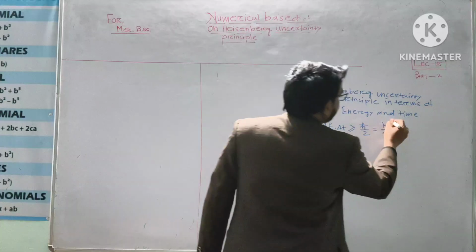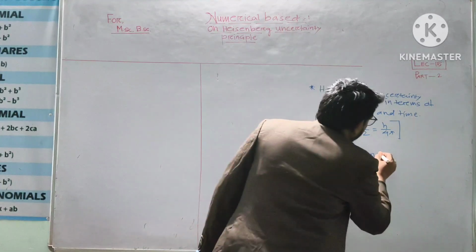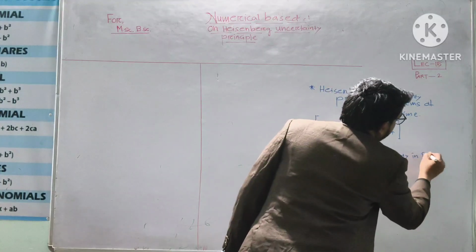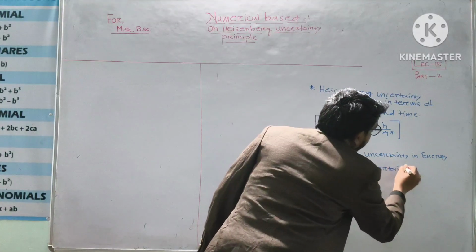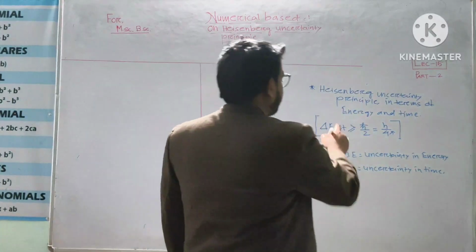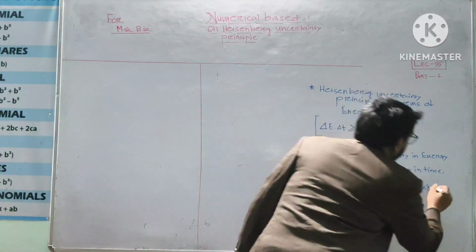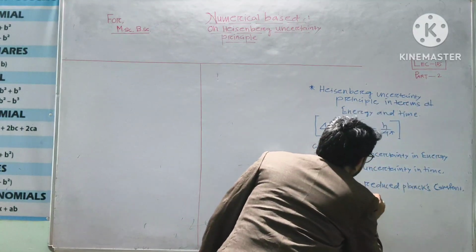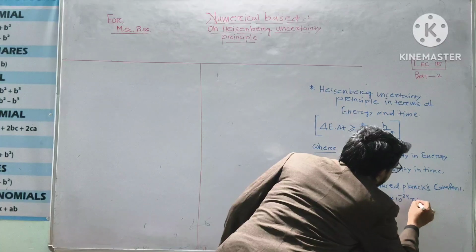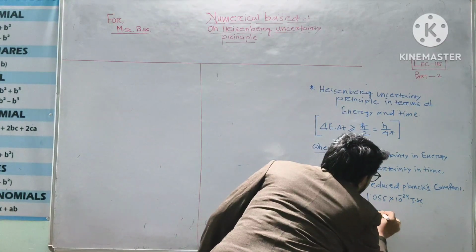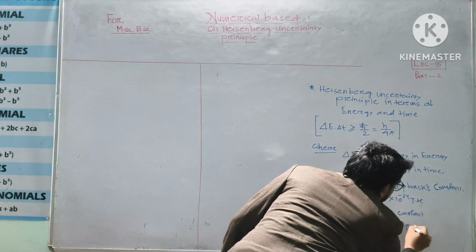In this equation, delta E is the uncertainty in energy, and delta t is the uncertainty in time, and h cross is also the reduced Planck constant, equal to 1.055 into 10 to the power minus 34 joule second, and h is the Planck constant, equal to 6.62 into 10 to the power minus 34 joule second.